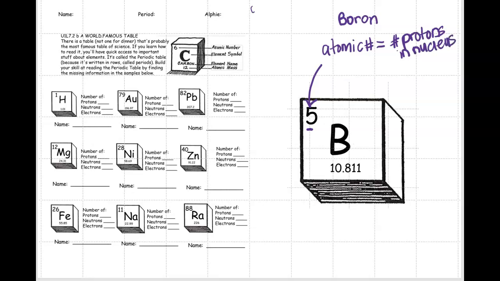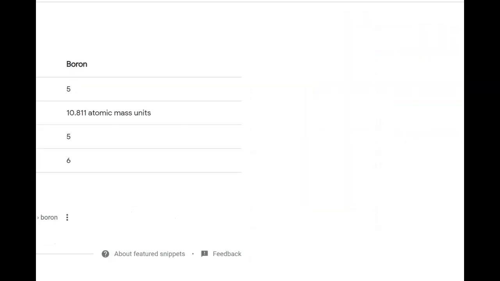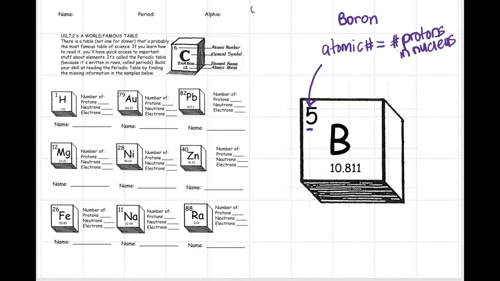You should also remember that floating around in the nucleus with the protons are the neutrons. And you remember that neutrons have a little bit more mass than the protons do. So typically speaking, when we're talking about mass, we're going to give protons 1 atomic mass unit.